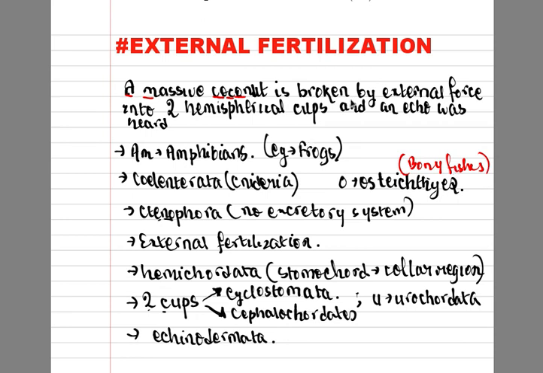Is broken by external force means external fertilization into two. Hemispherical means hemichordata. C for there are two C's, those are cyclostomata and cephalochordates. These are not phylums, these are part of the chordata phylum. And echo was heard, echinodermata. This was the trick about external fertilization.